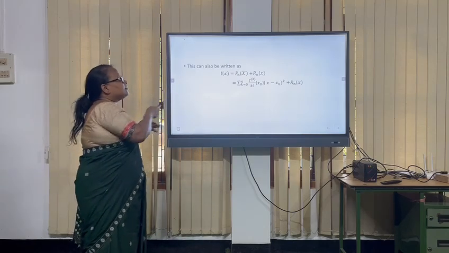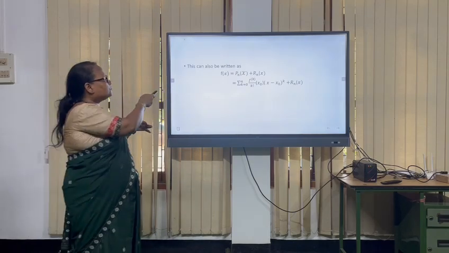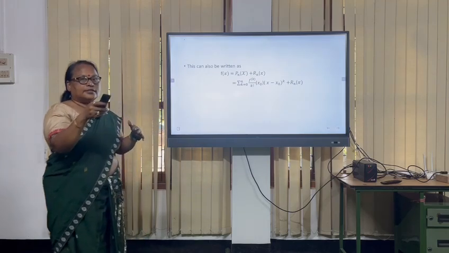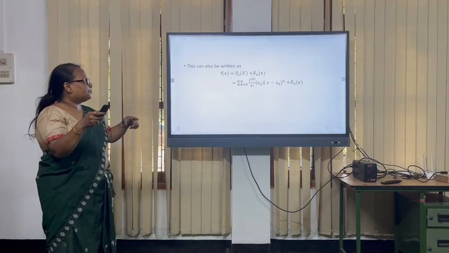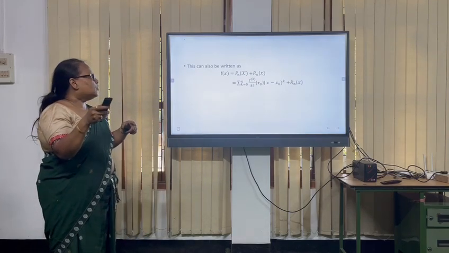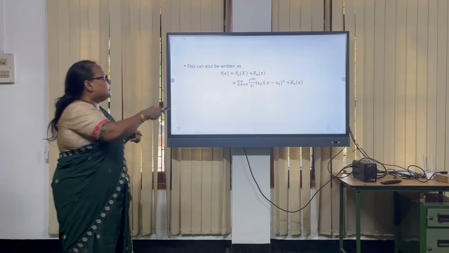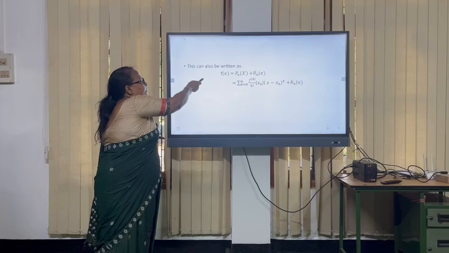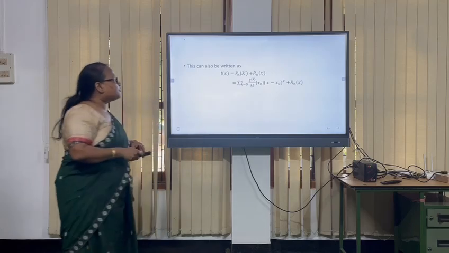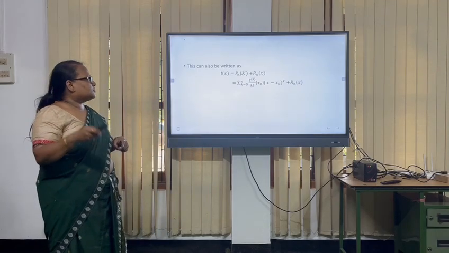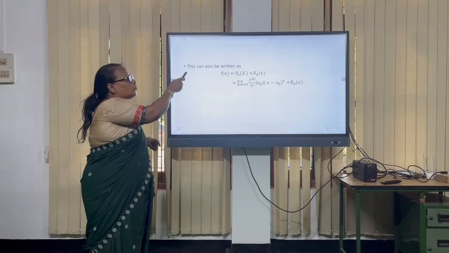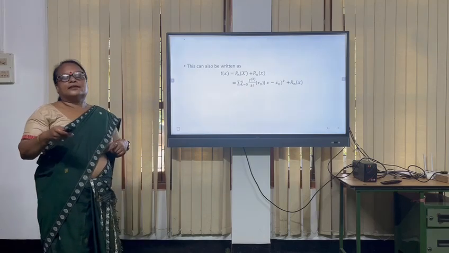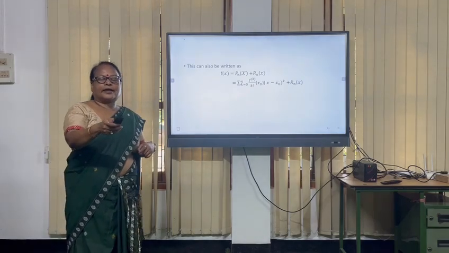And this is the sum of k from 0 to n, where we assume the value of k from 0, 1, 2, 3 up to n, of f to the power k at the point x naught divided by k factorial into x minus x naught whole to the power k, plus the remainder term R n of x.